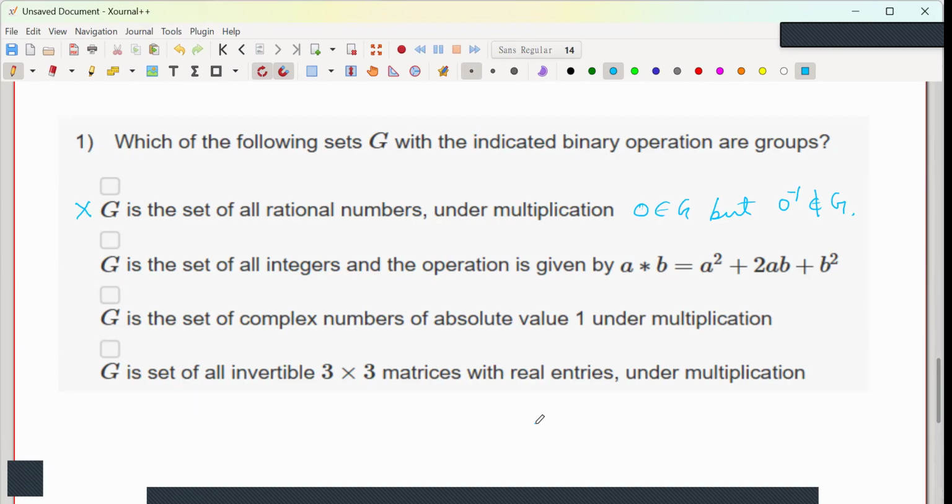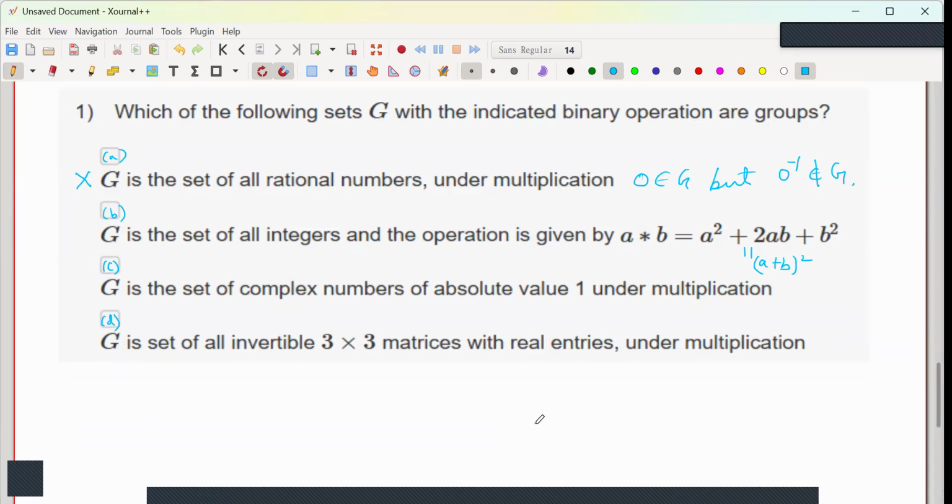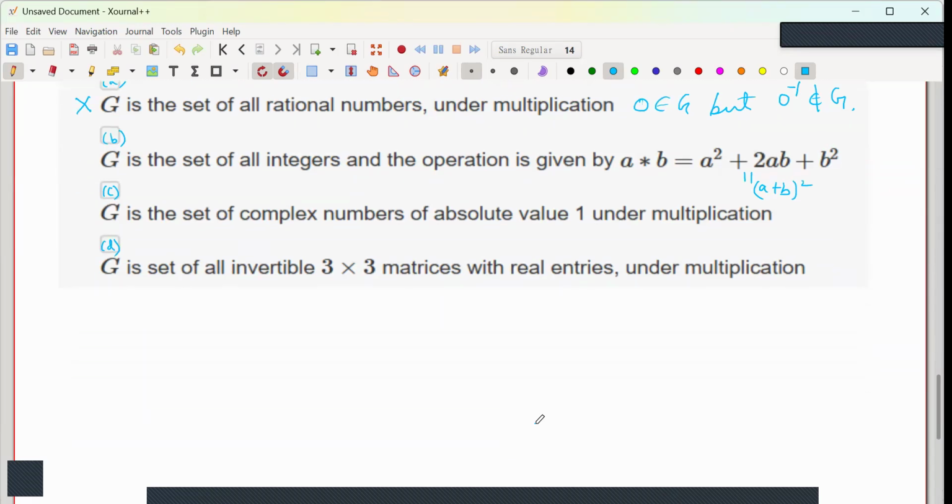G is the set of all integers and the operation is given like this. So this is A plus B whole square. So does it form a group? This is not associative. So let us see this.